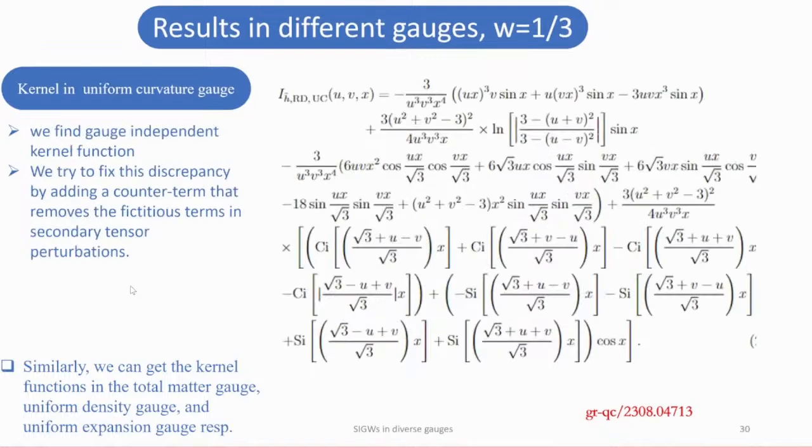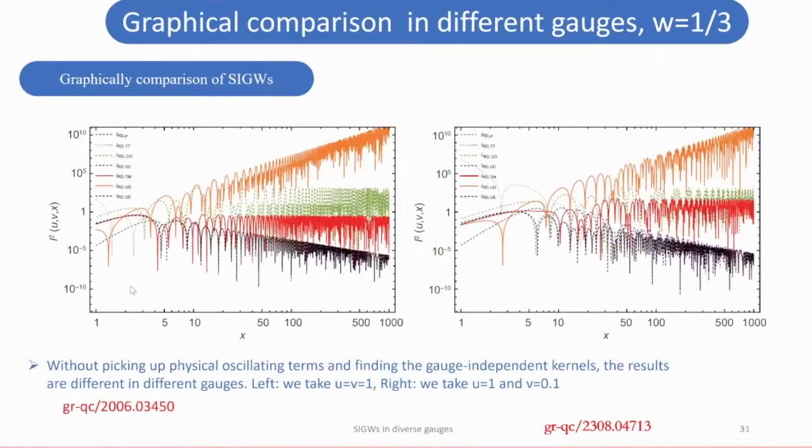Here I just present the graphical comparison in different gauges. You see here, this is the graph like I presented before. In this graph, without picking up the physical oscillating term, we find the results gauge dependent. The results are different for different values in different gauges.